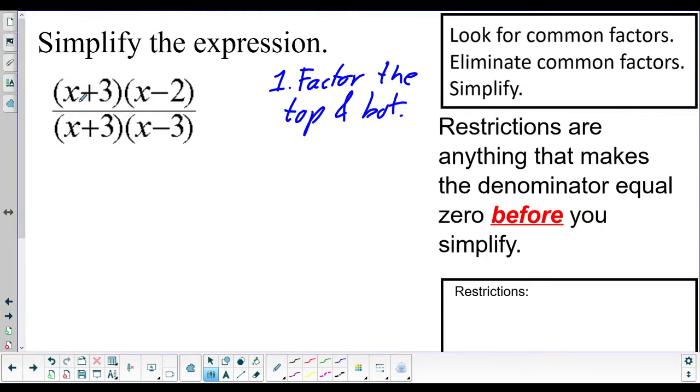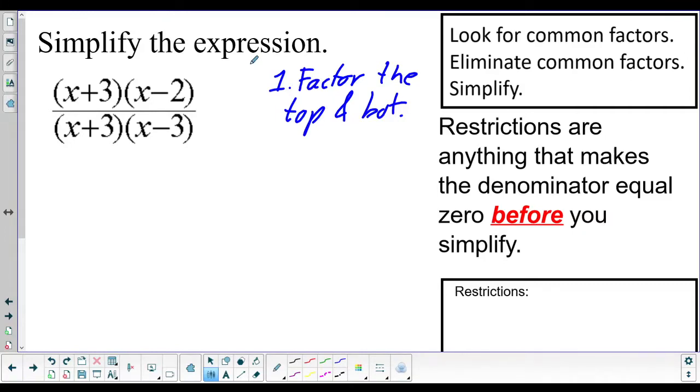Here, x plus 3, x minus 2, x plus 3, and x minus 3, these are already as factored as they can be because all of our x's are to the first power. So it's not necessary for you to do any factoring here. It's already done for you. So step 1 is done, but I just want to make sure we have the step written down so that we are ready for it when we get there.